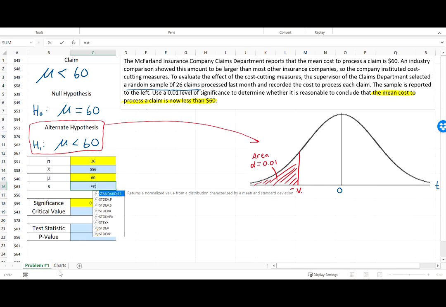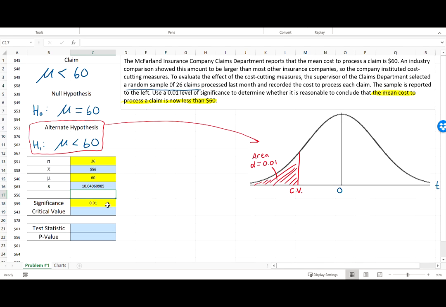So equal STDEV.S for sample standard deviation. And we want the standard deviation of those numbers in column A. All right, so now we have the mean and the standard deviation.